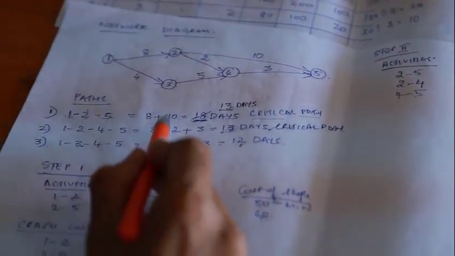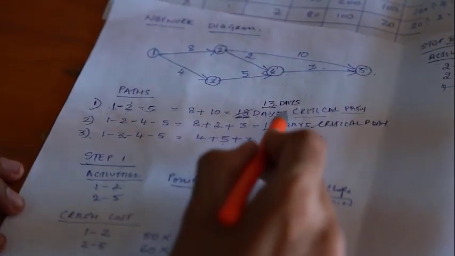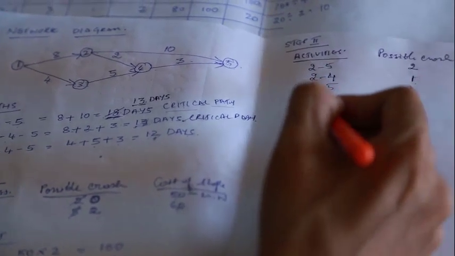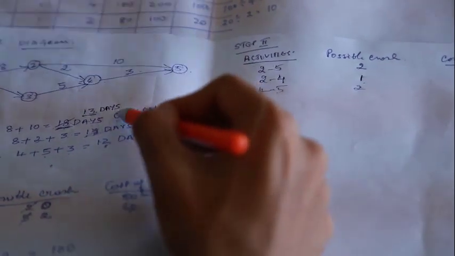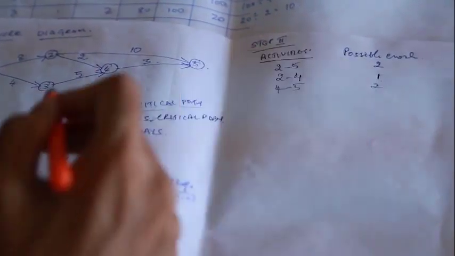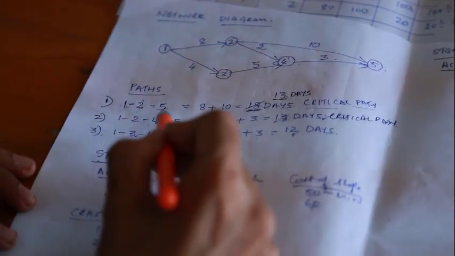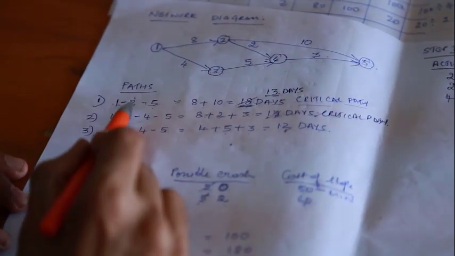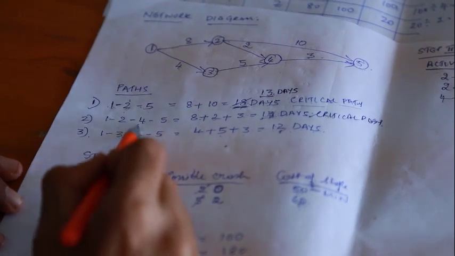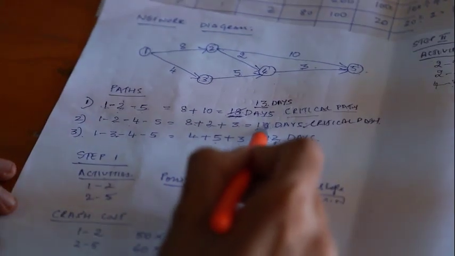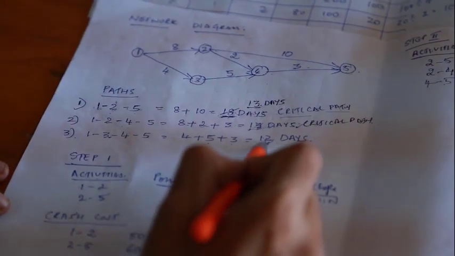I have listed down the activities of 2 critical paths, and now any one of the activities has to be crashed here. Now let us crash from path 2, as we have to make this 13 days equal to 12 days.